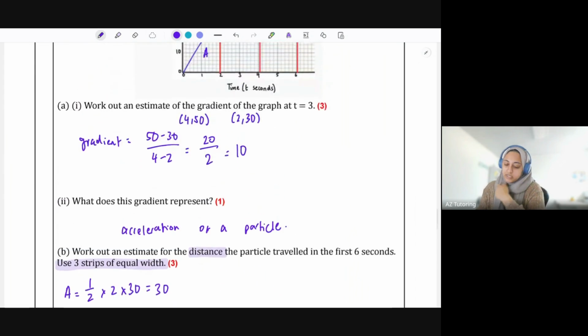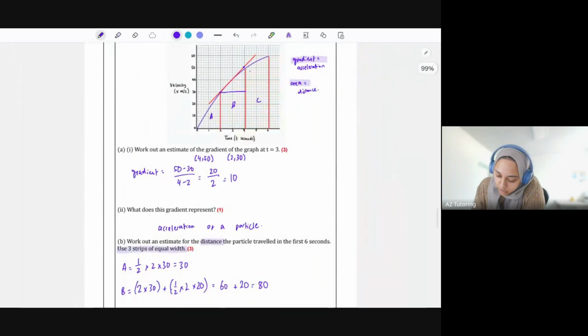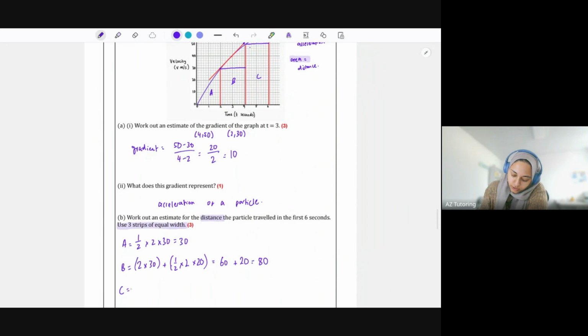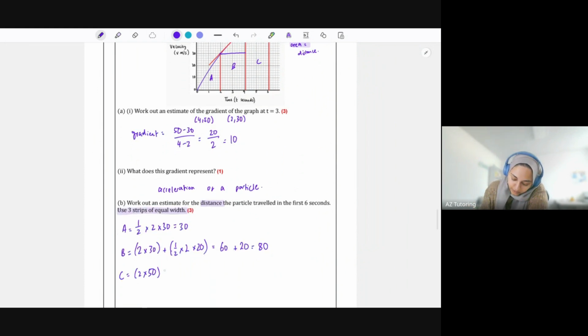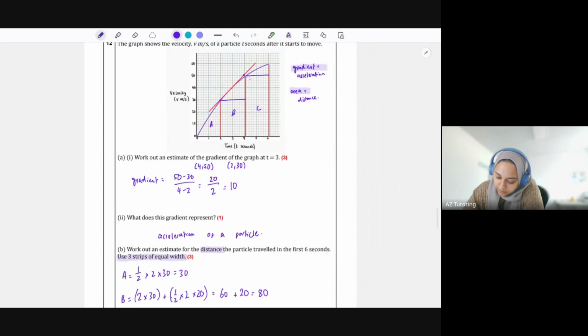Let's do strip C now. Again, I'm going to split into a triangle and a rectangle. For the rectangle between 4 and 6, that's 2 as the base times the height, which is 50. Adding that to the area of the triangle, so a half times the base, which is 2, and the height is 10.